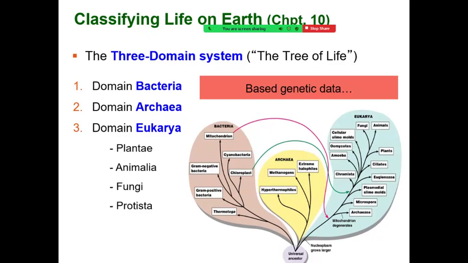The domain archaea is the same thing as the kingdom archaea. And then the domain eukarya can be broken down into 4 kingdoms: kingdom plantae, the plants; kingdom animalia, the animals; kingdom fungi, the fungus; kingdom protista, the protists.